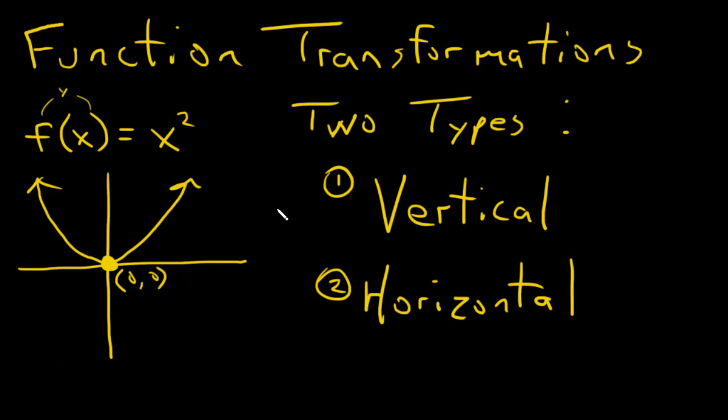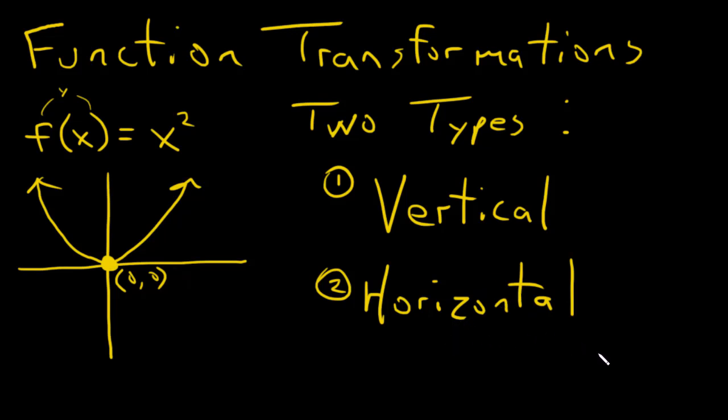If I want to then shift it left or right, or stretch it left or right, that's going to be a horizontal transformation. So if I do things to the function that change it up and down, that's a vertical transformation. If I change it left and right, it's a horizontal transformation, okay?